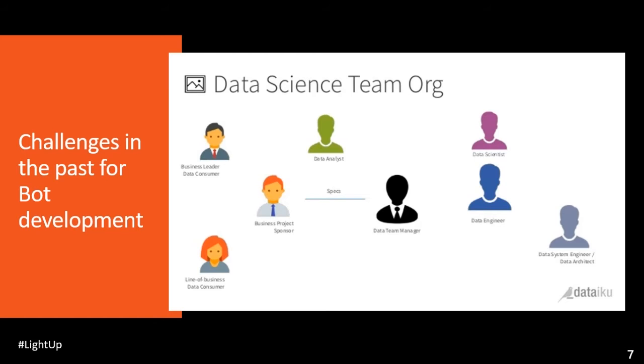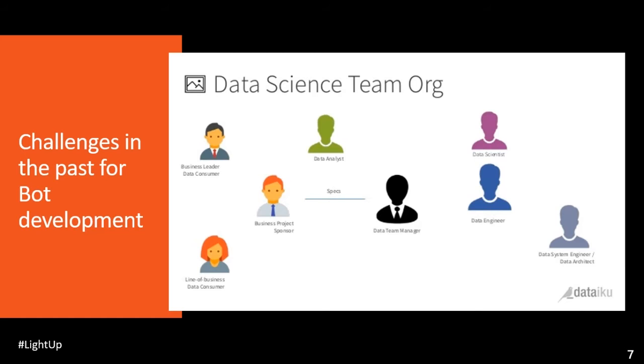Then you need the business data consumer as well as the person who gives you the details, like the client, then the project manager or team manager. Then you need a data analyst to analyze what type of data, then a data scientist to gather everything and feed it to some system, then the data engineer, and then the developer who is actually working on this. They have to pass this information along.